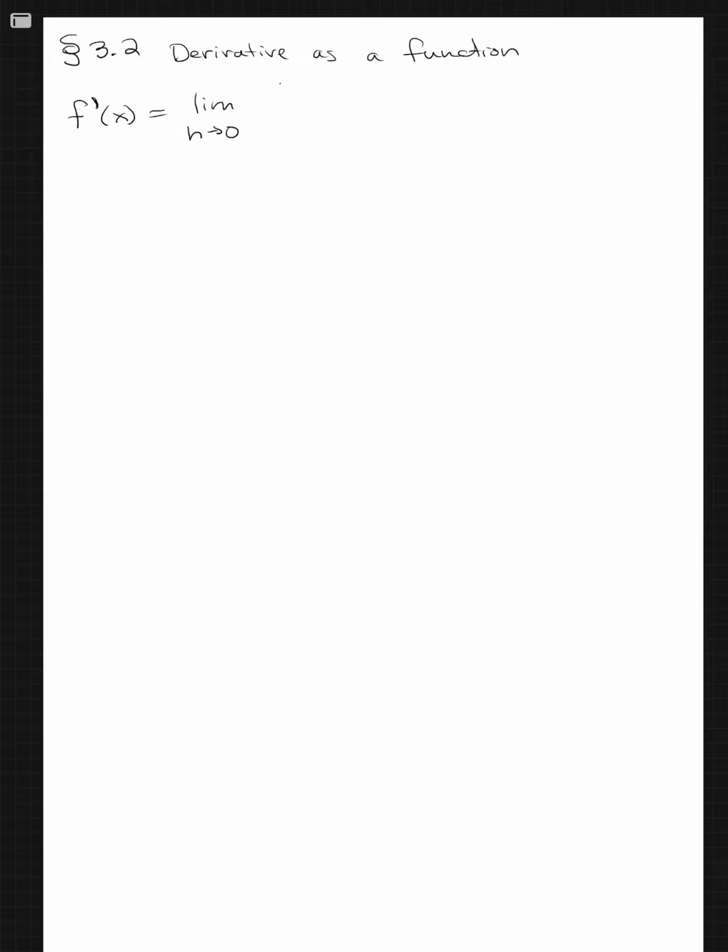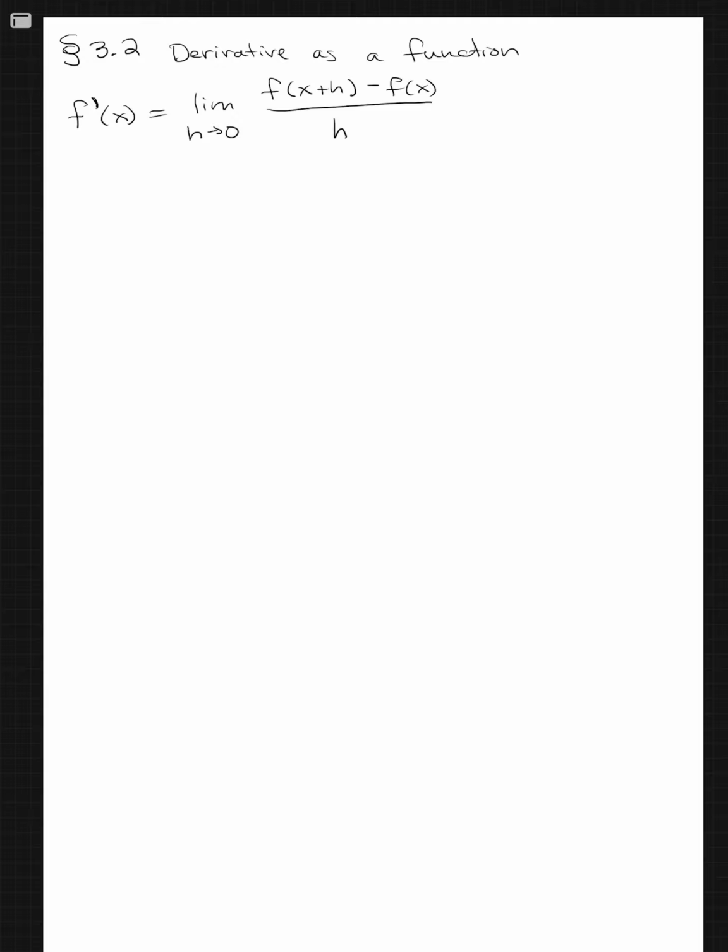Because if we're replacing a with x, we don't want to have x show up anywhere else, right? If we recall our other version, when we were dealing with f prime of a, had x going to a, and had f of x minus f of a, and it had x minus a. And if we replace a with x, then we just get a whole bunch of nonsense stuff there, right?